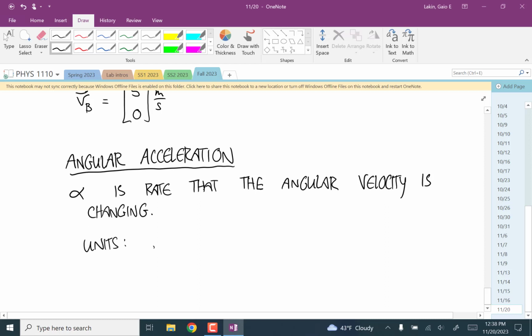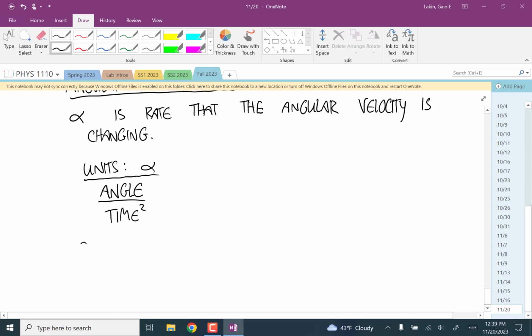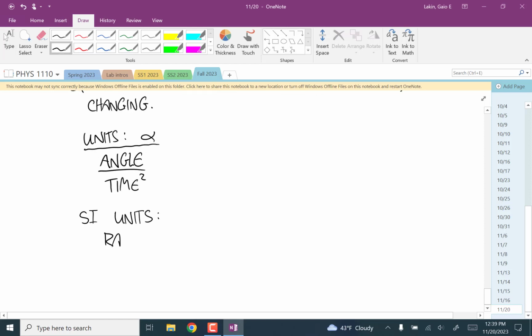The units for angular acceleration are always an angle divided by units of time squared. And so the SI units are radians per second squared.